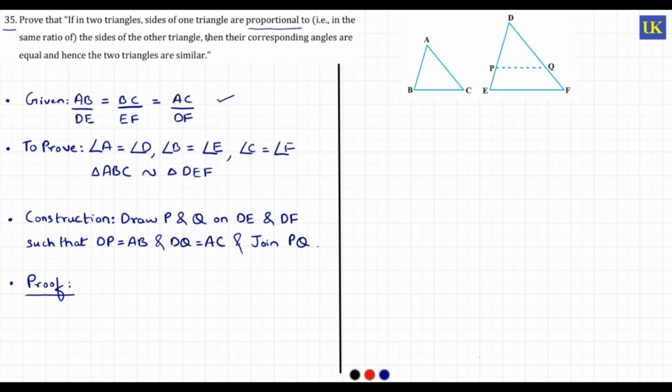And then what we have to prove is this next part. Then the corresponding angles are equal. So the angles of both the triangles should be equal to each other.